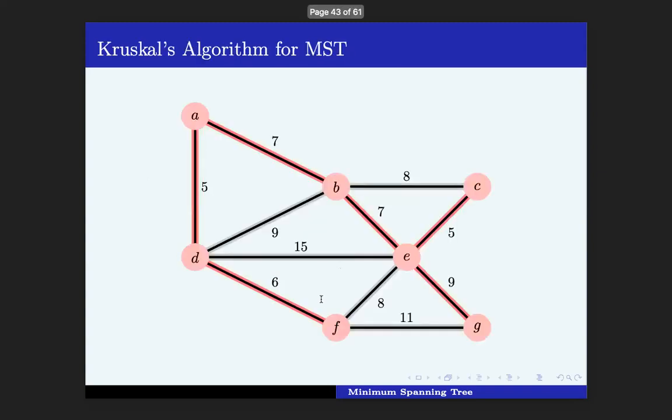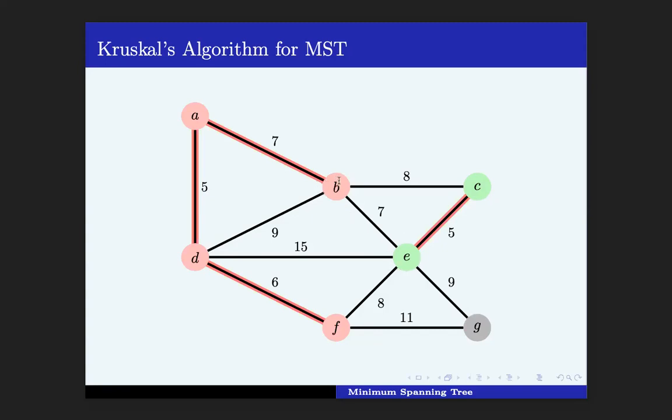For example, at this time, S of B is ABDF, S of D is ABDF, S of F is ABDF, S of A is ABDF, S of E is E and C, S of C is E and C, and S of G is G. Now when I get this edge B to E, I will connect them, so I have to update the S of everything accordingly.